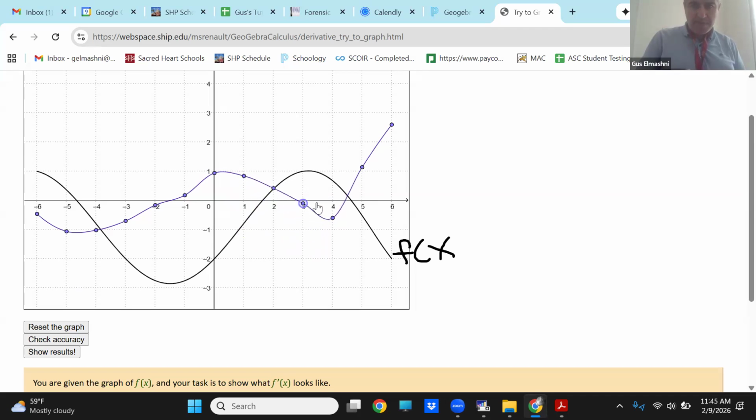It's still slightly positive. At four, it's definitely more of a negative slope, probably negative one. At five, it's probably going to be negative two, let's say, maybe. And at six, probably the same thing.